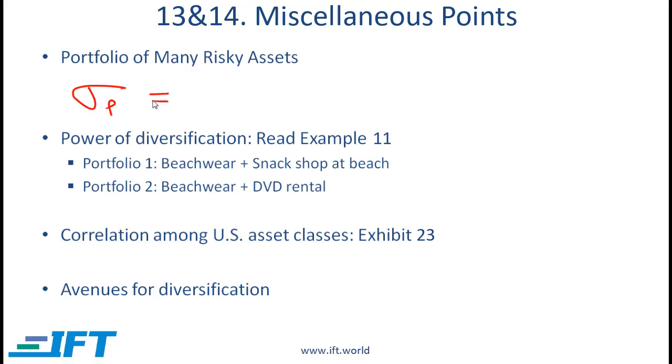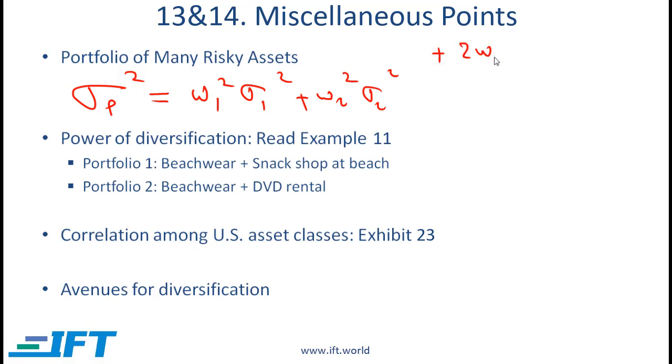Let's take a 3-asset scenario. The risk or the variance will be as follows. Let's say we have 3 assets. So we'll have W1 squared, sigma 1 squared, plus W2 squared, sigma 2 squared. And then we will take 3 pairwise correlations.